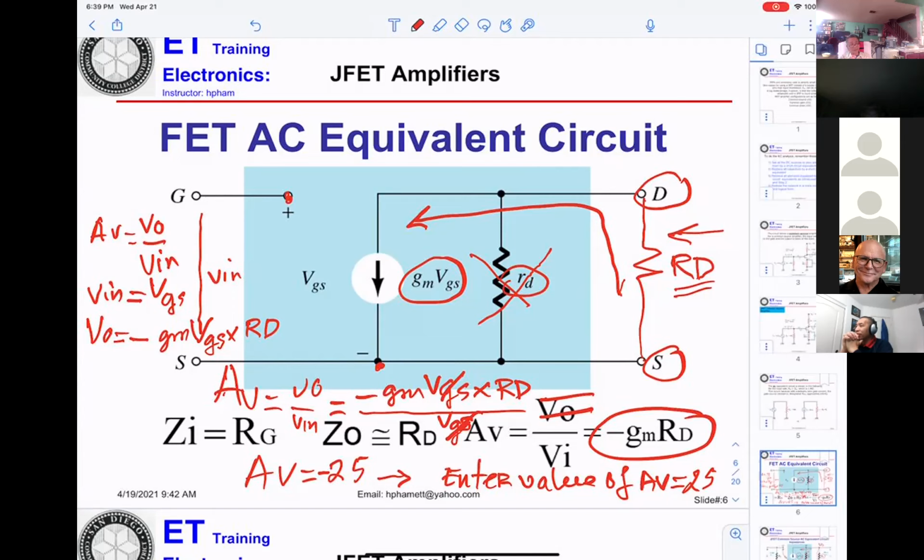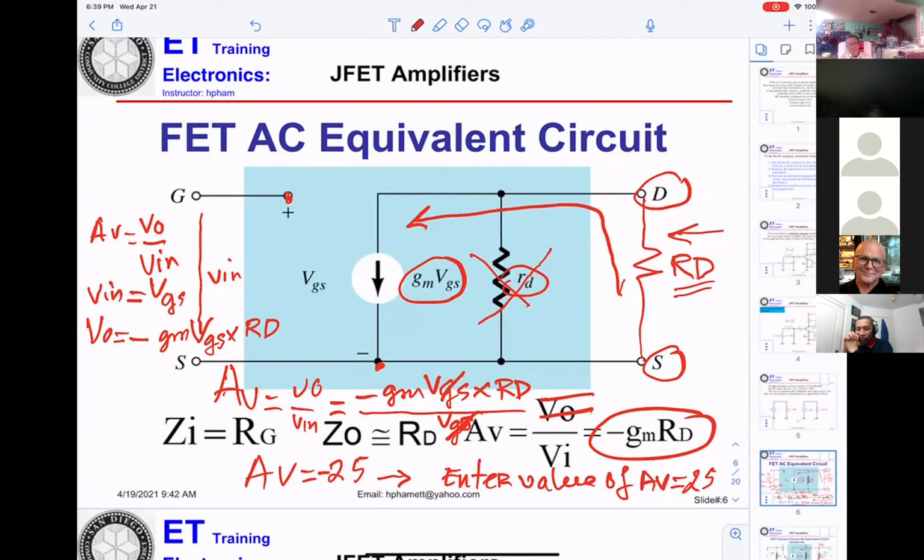When you calculate the gain equal to, for example, minus 25, it's just telling you the input and output will be opposite, 180 degrees off phase. However, the value you want to enter must be 25, not minus 25.